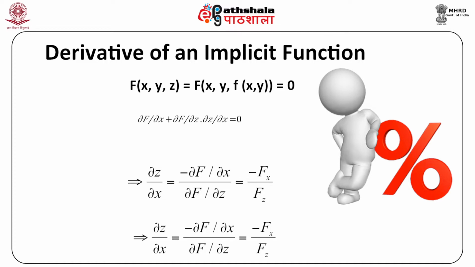Differentiating with respect to x using chain rule, this gives del F/del x plus del F/del z into del z/del x equal to 0, which implies del z/del x is equal to minus del F/del x divided by del F/del z, which is equal to minus Fx by Fz. Similarly, del z/del y is equal to minus Fy by Fz.